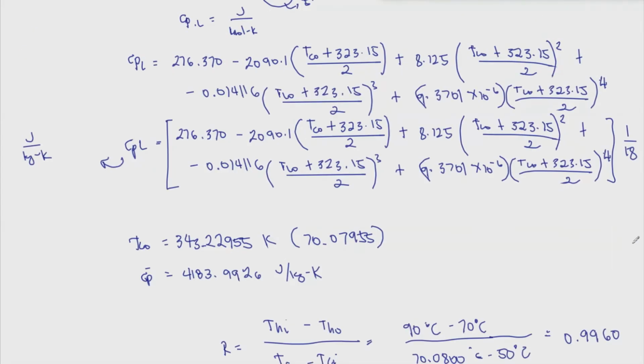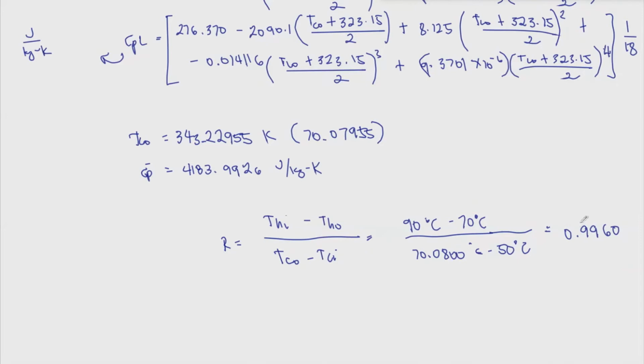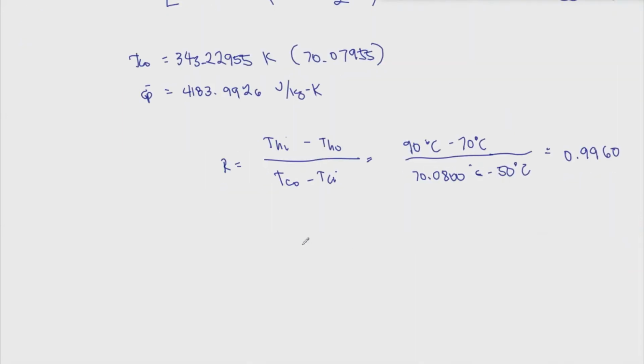And if the solution is to cancel out the CP, then you'll get R equals 1 for this case. And then for S, that's the effectiveness, and that is simply equal to the minimum sensible heat over the maximum temperature difference. We can say that the minimum sensible heat comes from the changes in our hot fluid right here, because that's around 20.